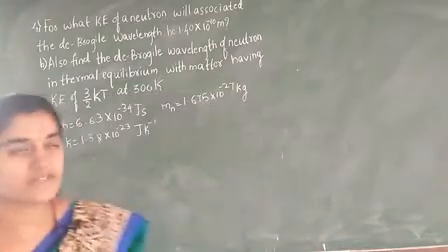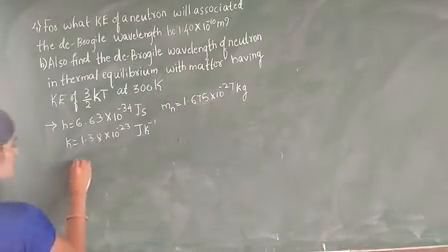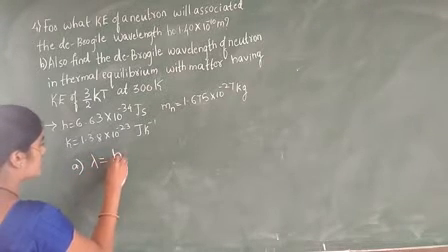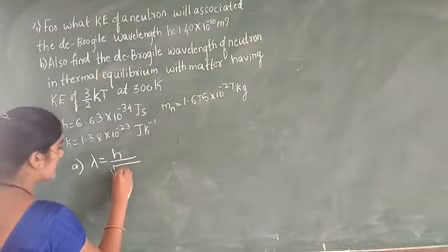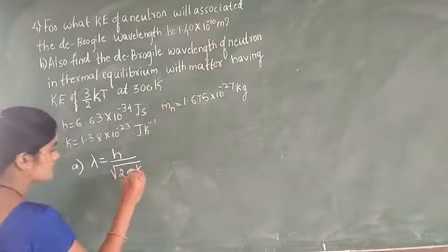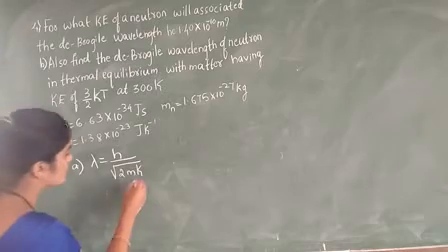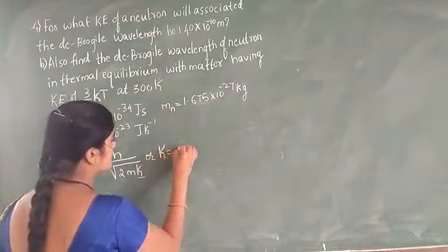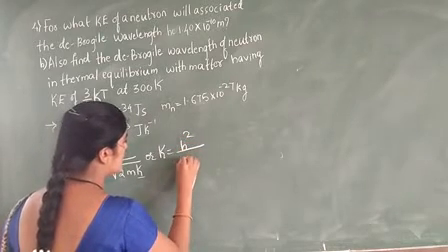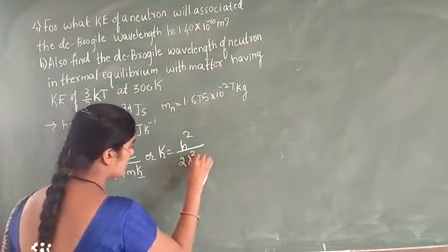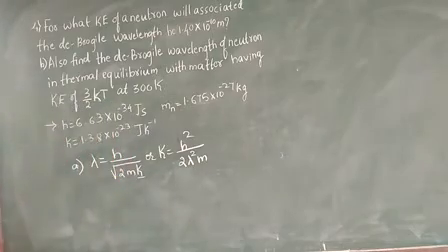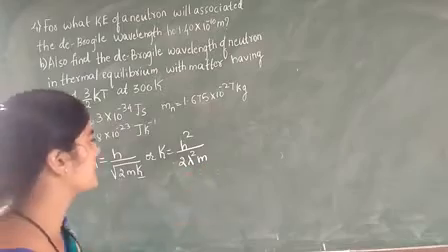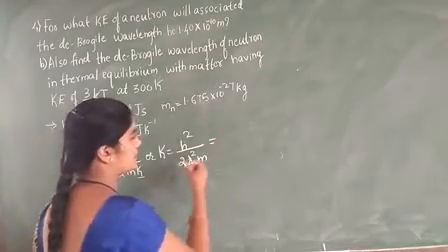According to this, first we write the formula lambda is equal to h divided by root of 2mK. Here we have to find the value of K, so K is equal to h square divided by 2 times lambda square into m. Now put all the values and find the value of K.